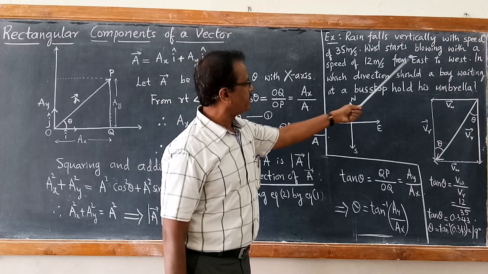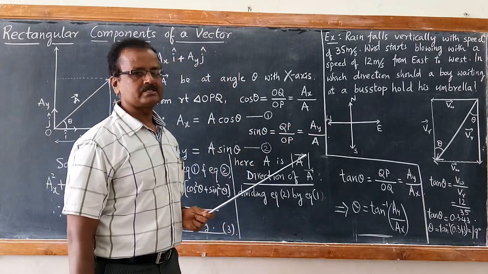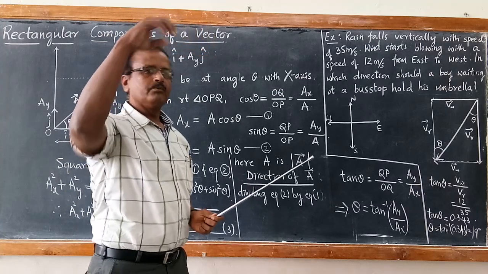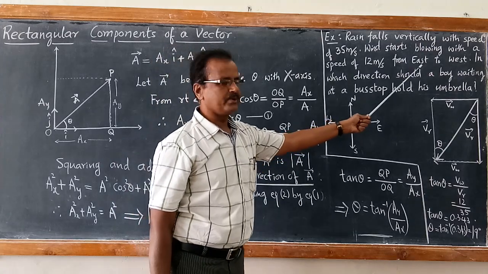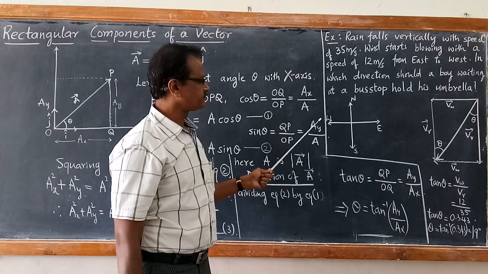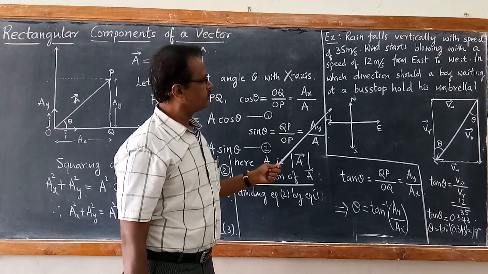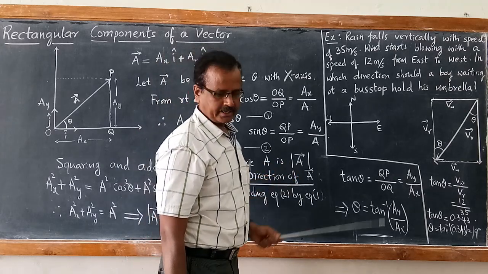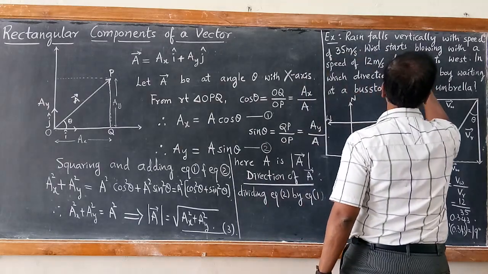Wind starts blowing with a speed of 12 meter per second from east to west.